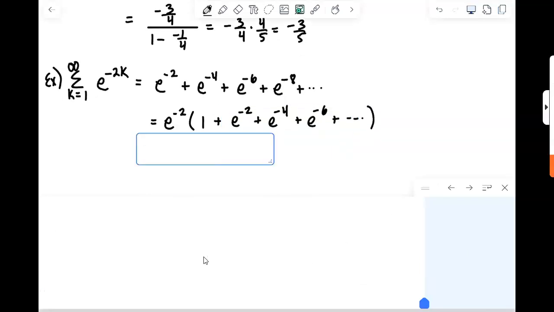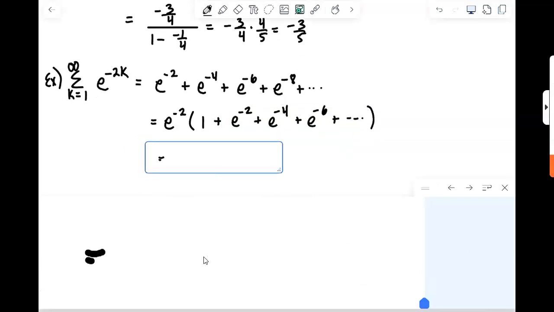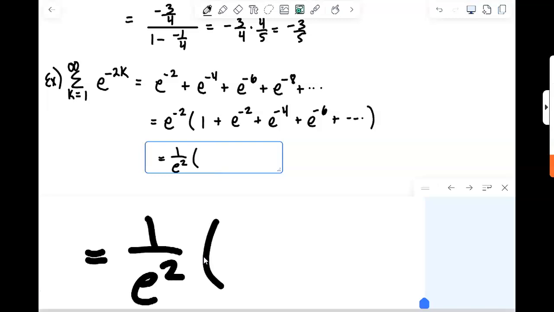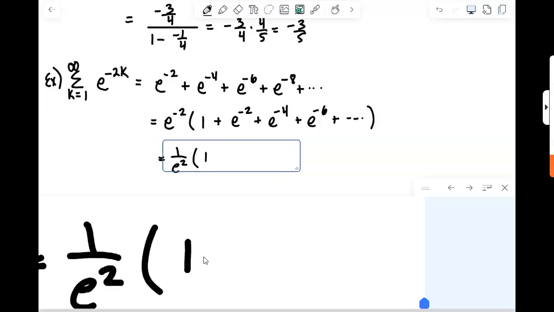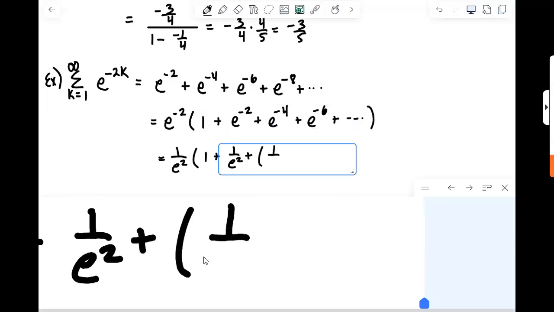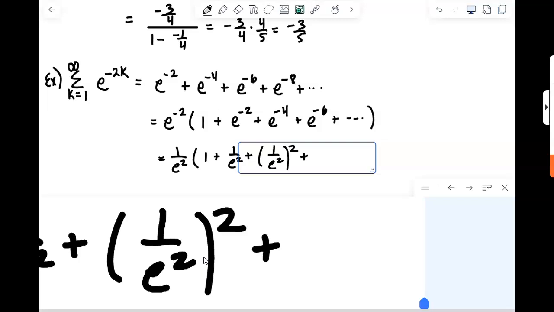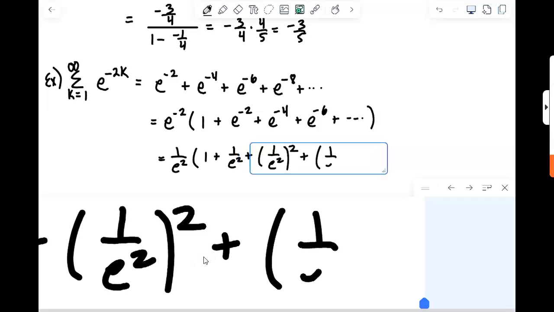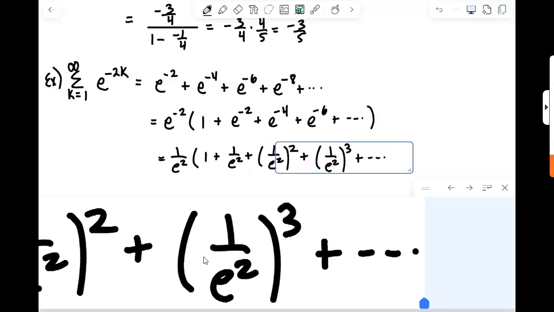Okay, so you can see how this is now definitely fitting the pattern of a geometric series. Now I'm going to clean it up just a little bit and write that as 1 over e squared on the outside, and then realize that each one of these is 1 over e squared. The next one is 1 over e squared squared. The next one is 1 over e squared cubed, and so on.